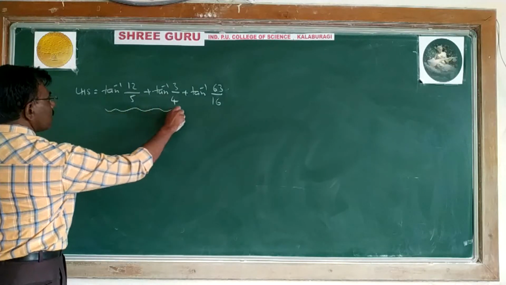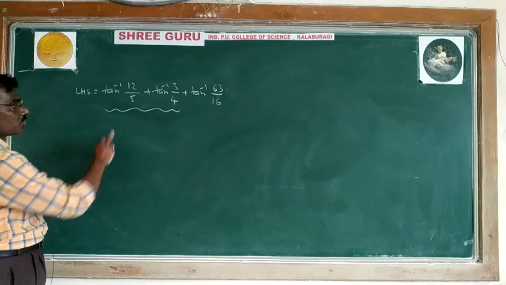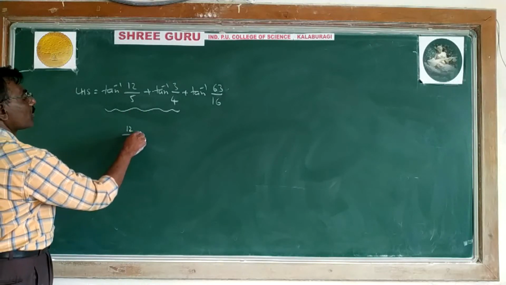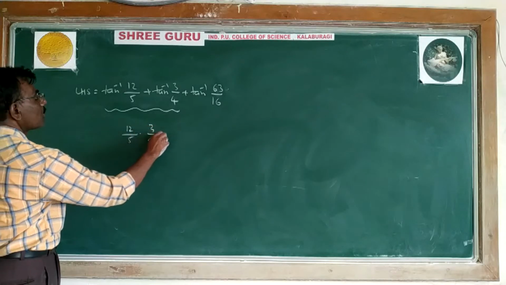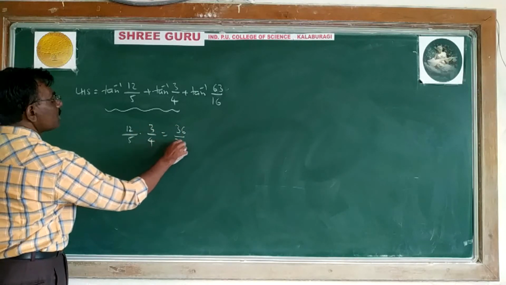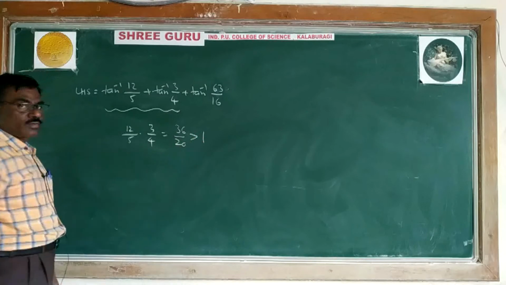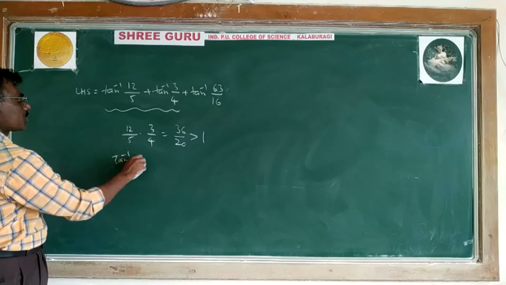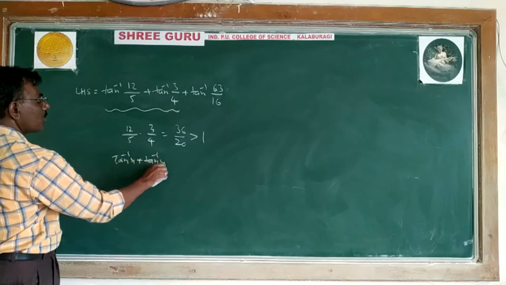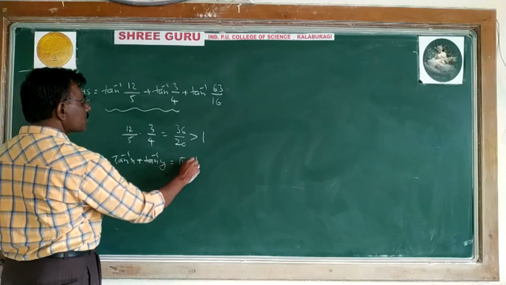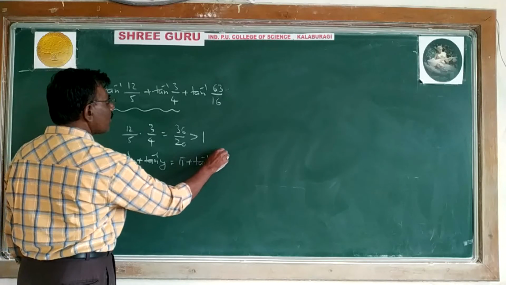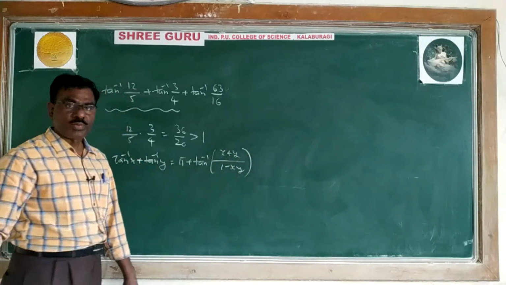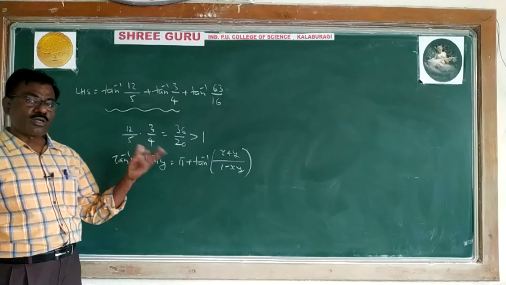I am taking these two, 12 by 5 into 3 by 4, that is 36 by 20. It is greater than 1. Tan inverse of x plus tan inverse of y equals pi plus tan inverse of (x plus y) by (1 minus xy), if xy is greater than 1.